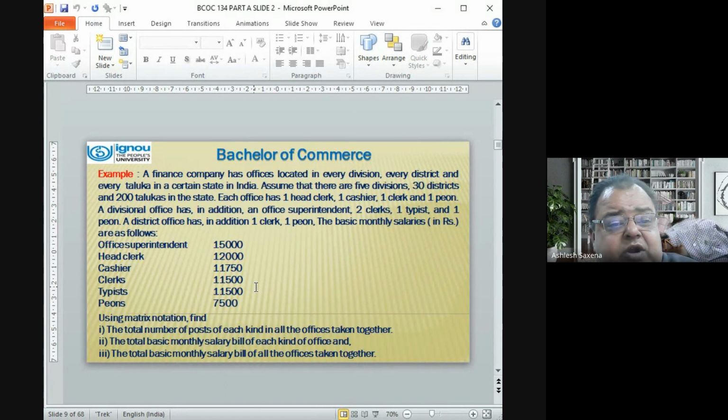Now, what are the basic monthly salaries of these people who are working in these offices? For office superintendent, it is 15,000. For head clerk, it is 12,000. For cashier, 11,750. For clerks, it is 11,500. Typist, 11,500. And for PMs, it is 7,500. Now, what are we supposed to do from this calculation?